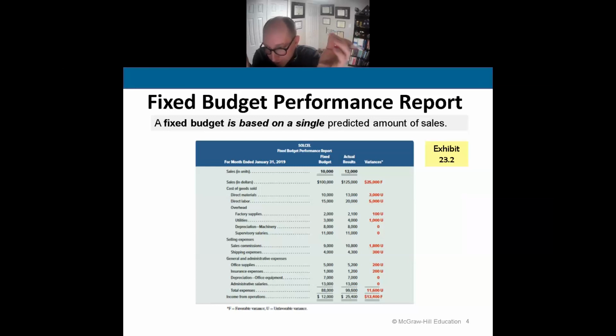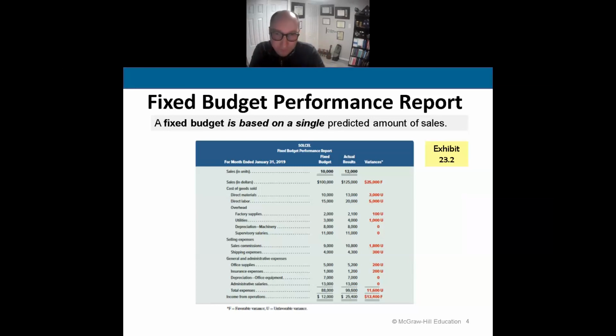That's what the word variance means. It means difference, just another way of saying difference. A variance is the difference between the actual results and the budgeted amount. To find the variance, we take the actual results minus the budgeted amount.